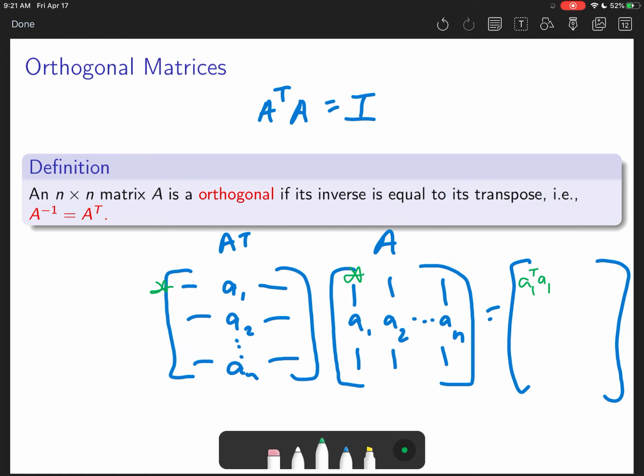And if this matrix is going to work out to be the identity matrix, that entry is going to be 1, right? And this is going to happen with all of those different entries along the diagonal. It would be the same for A2 as well. All of those dot products are going to be equal to 1, which means all of the columns have length 1.